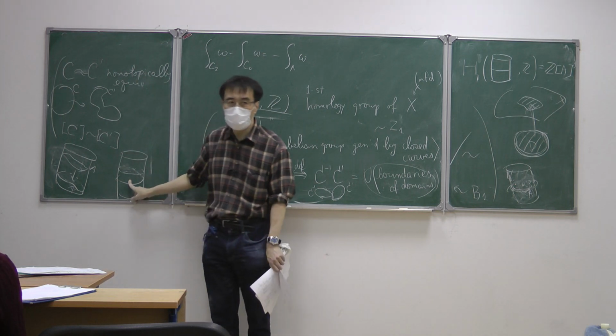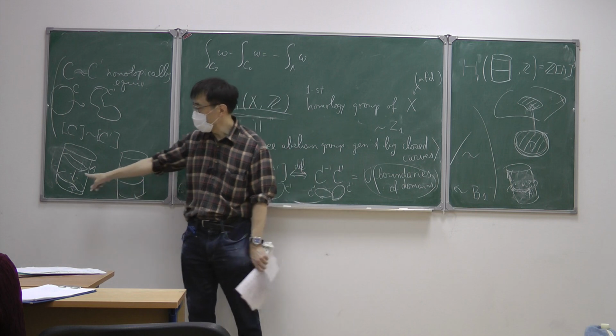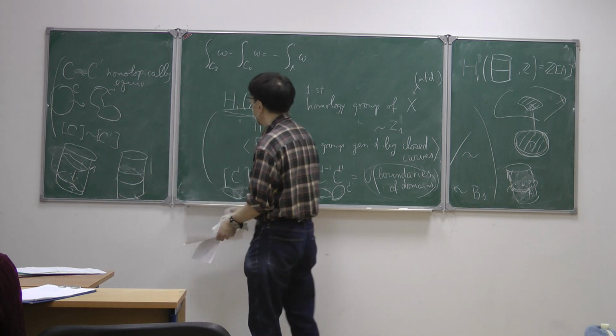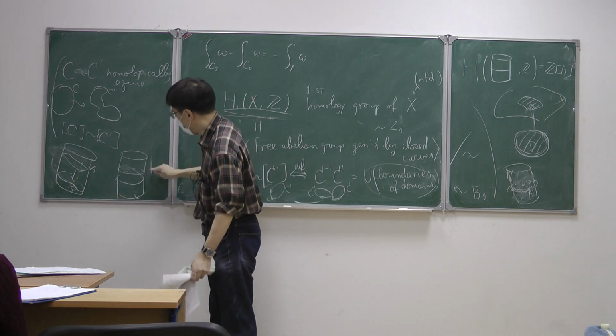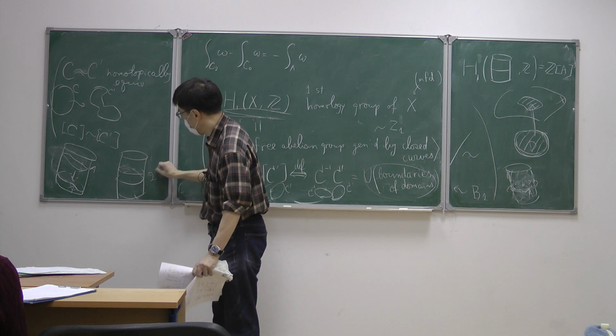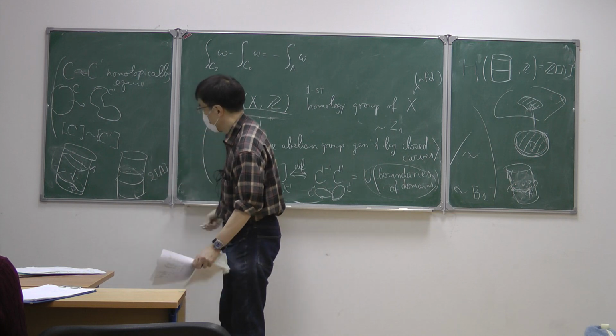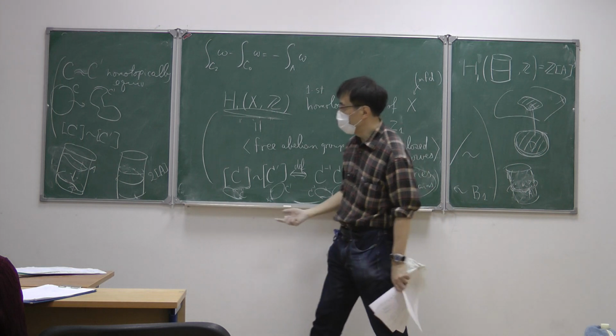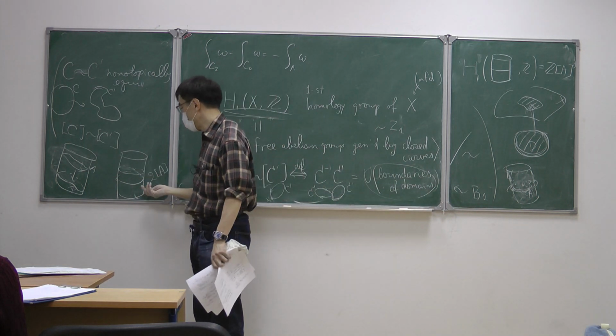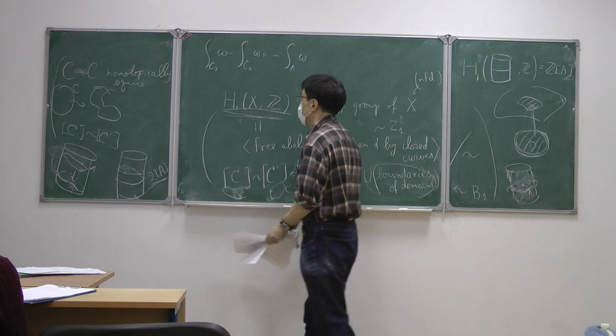Such a curve is not equivalent to this, and this is a composition of two such circles. So it's two.